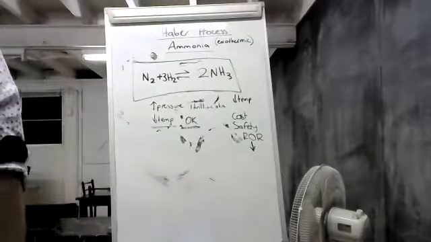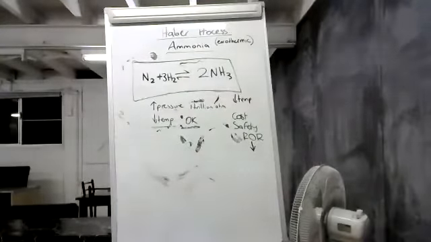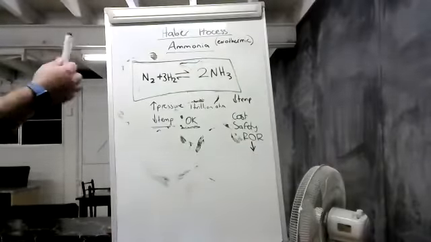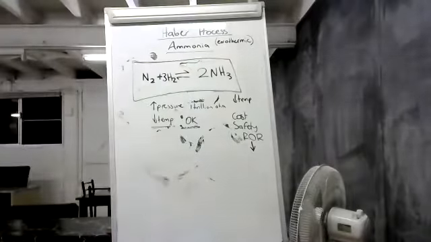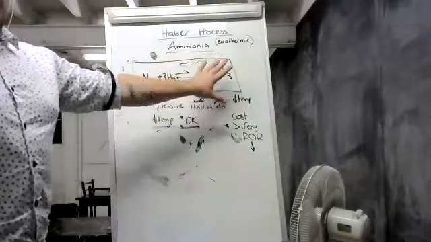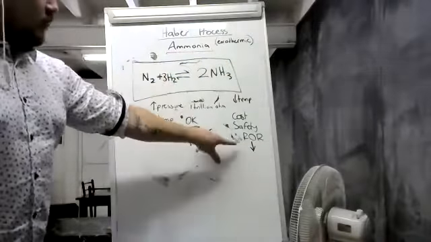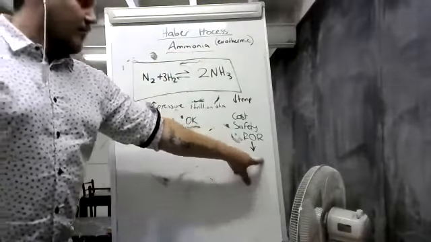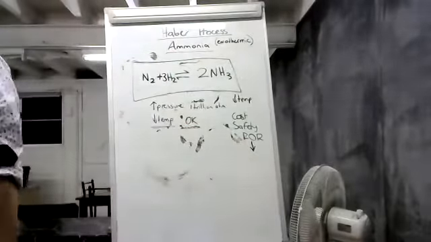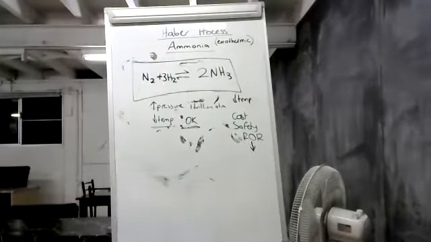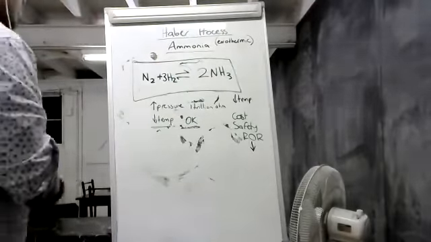So what could we add? I don't think we've gone over this. Maybe we went over it a couple weeks ago. But what could I add to this that won't affect the equilibrium, but will bring our rate of reaction back up? Catalyst, very good.